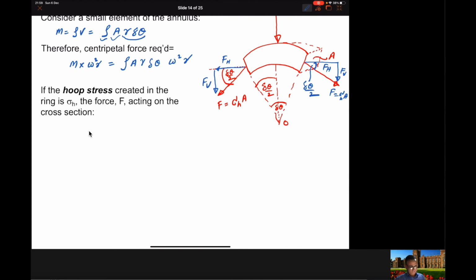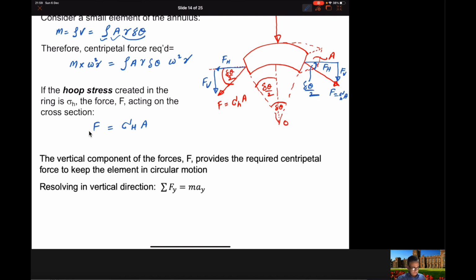Okay, now again, the hoop stress created in the ring is sigma h, and the force F acting on the cross section is sigma h times A. If you multiply the hoop stress with the cross section area of the rim of the flywheel, we have this force here.